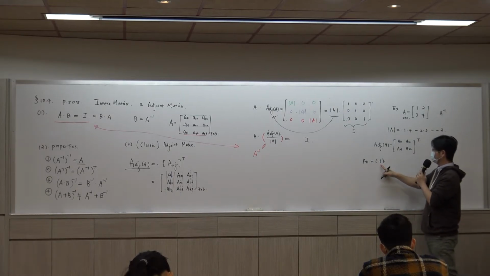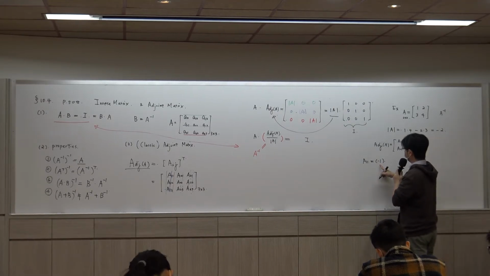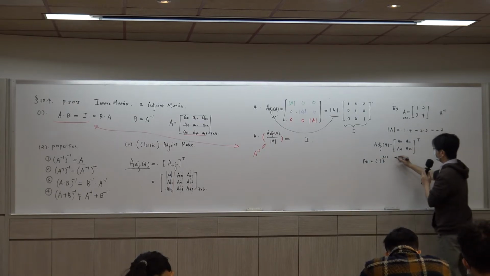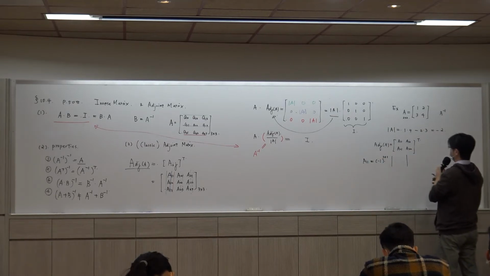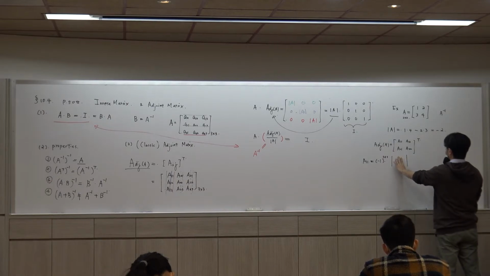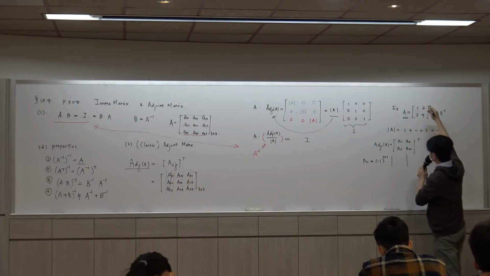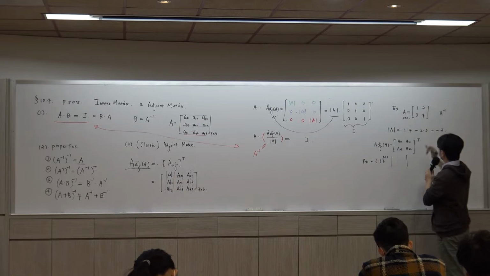We need to have a sign term: minus 1 to the exponent of the row number plus the column number. And the value of the determinant will be obtained by removing the first row and the first column.